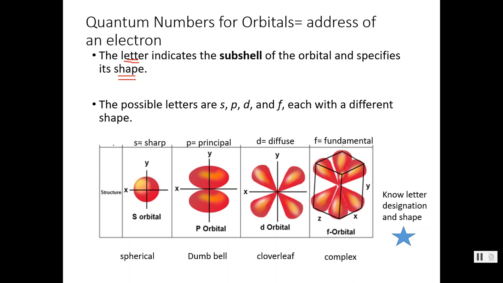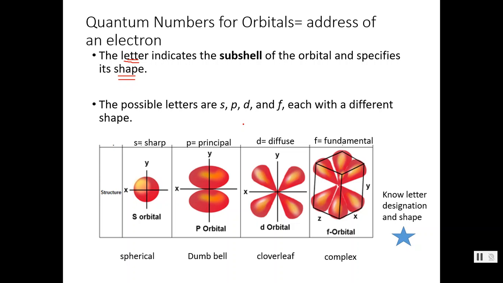Or specifically, if you want to still think in terms of houses on a street, think about this letter as designating the shape of the house. Okay? Not every house has the same shape. Some houses are bigger and smaller than others. Similarly, some orbitals are bigger or smaller, have different shapes than others.